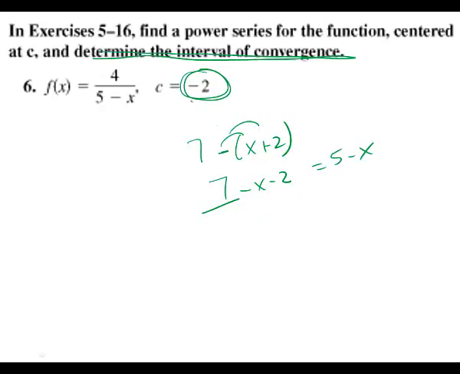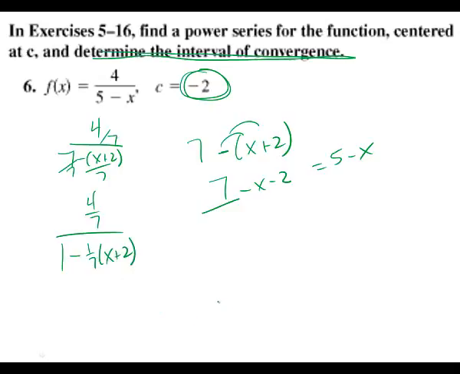Good. And then that's what gets replaced in the denominator. So I really have 4 over 7 minus x plus 2. All right, what does this still need to be equal to? 1. So what do I have to do to get it equal to 1? Divide everything by 7. So I have 4 sevenths over 1 minus 1/7 x plus 2.